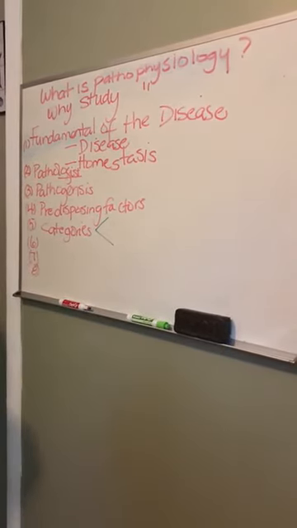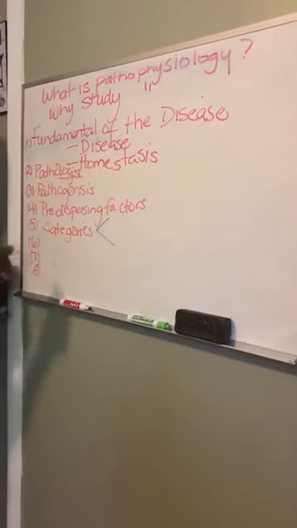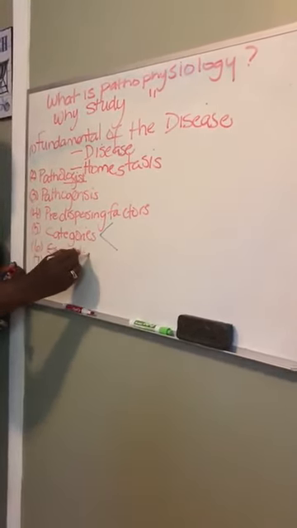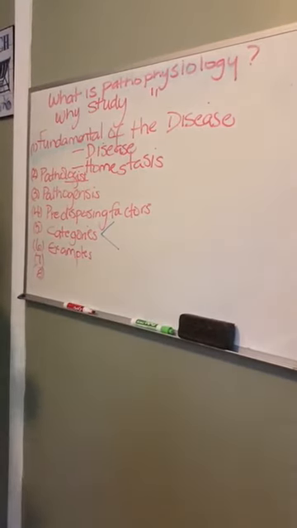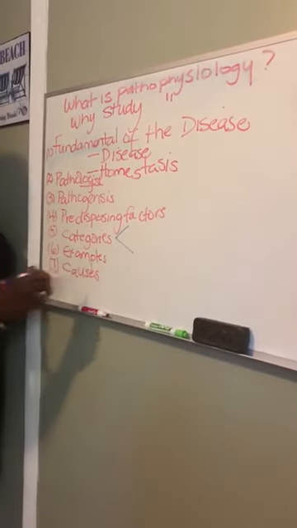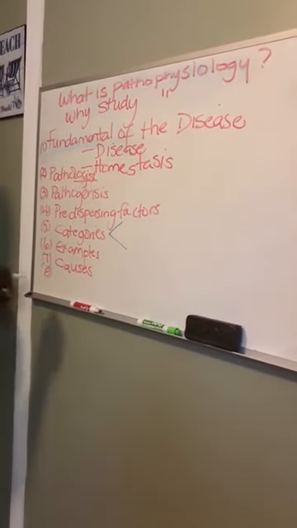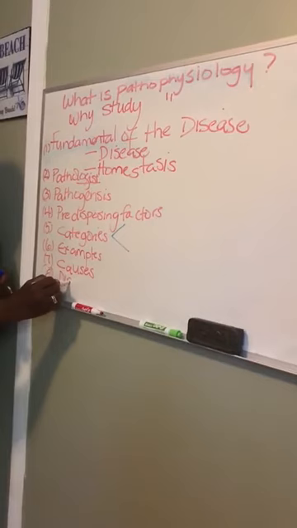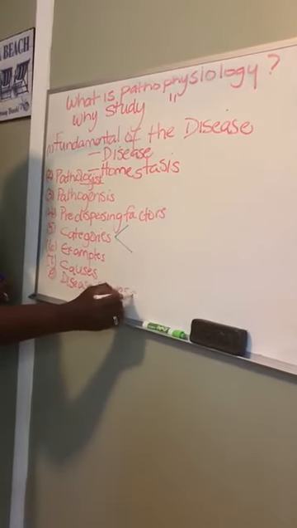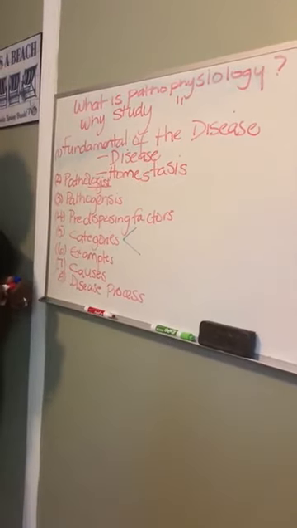Then we're going to give examples. And then, of course, number 7, we're going to look at causes. And then we're going to look at the disease process.